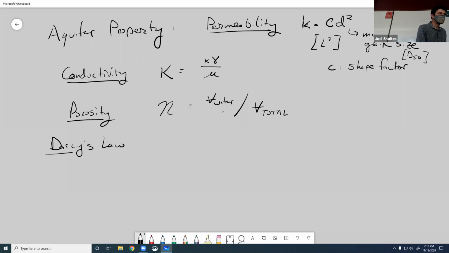And then we introduced Darcy's law, which says that the discharge in an aquifer is equal to negative hydraulic conductivity times area multiplied by the gradient in head.